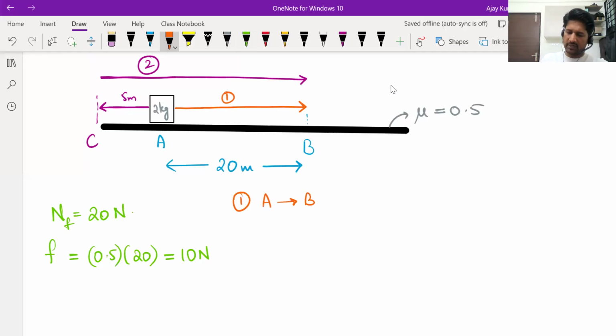Tell me, as it moves from A to B, what is the direction of friction? Yeah, towards the left side. As it is dragged to the right, friction acts to the left, but displacement 20 meters is towards right. So tell me how to calculate work done by friction.